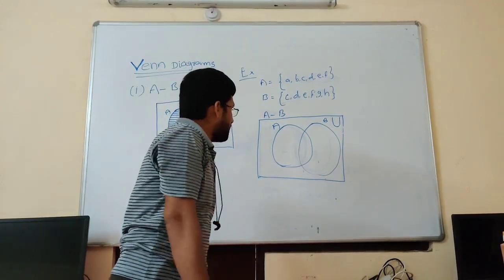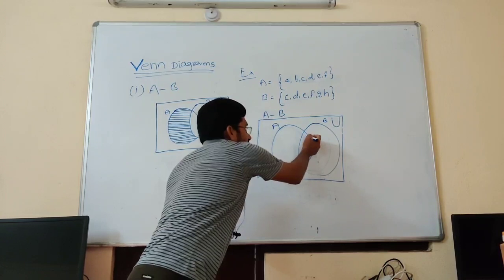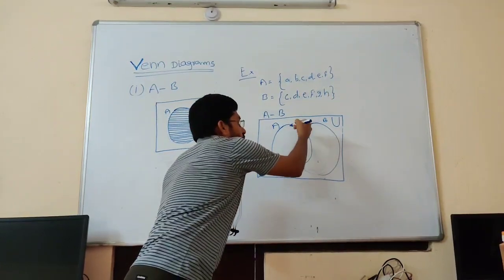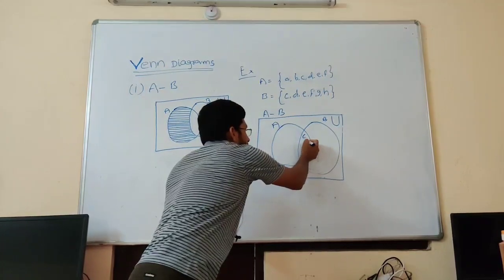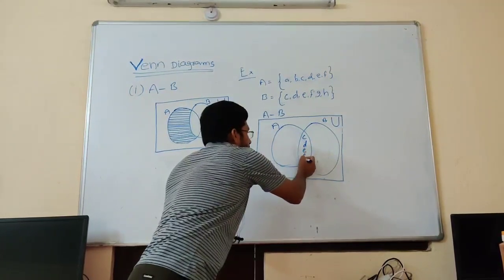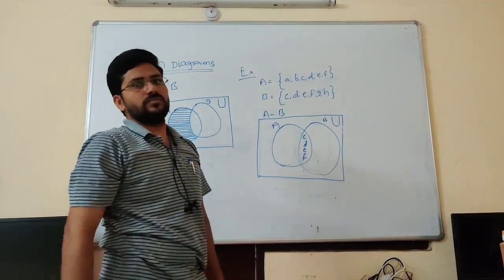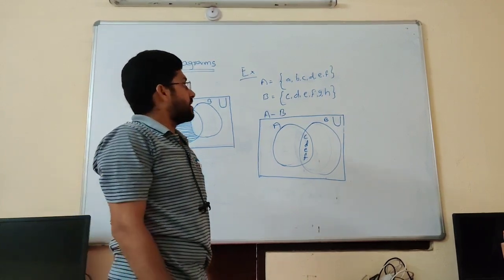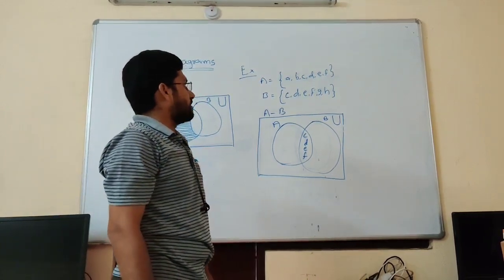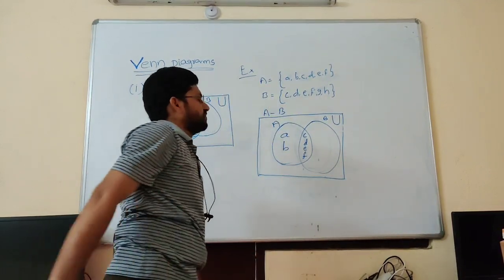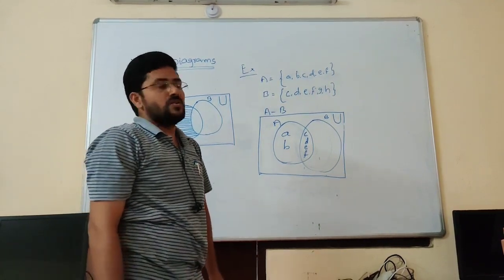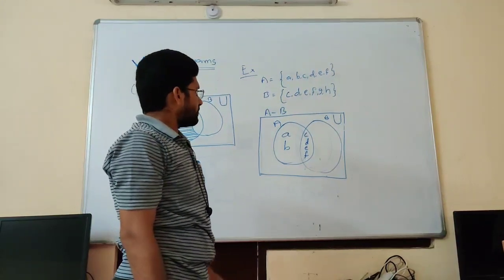So these repeated elements you mention where the two sets overlap each other, that is C, D, E, F. In set A, what are the remaining elements? Only A and B is there.